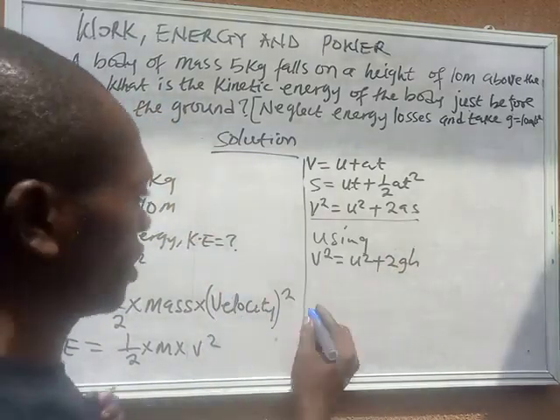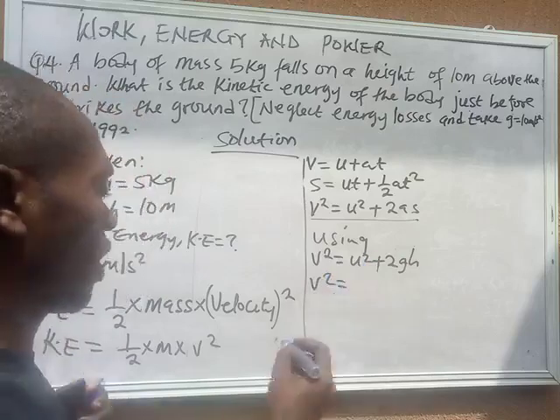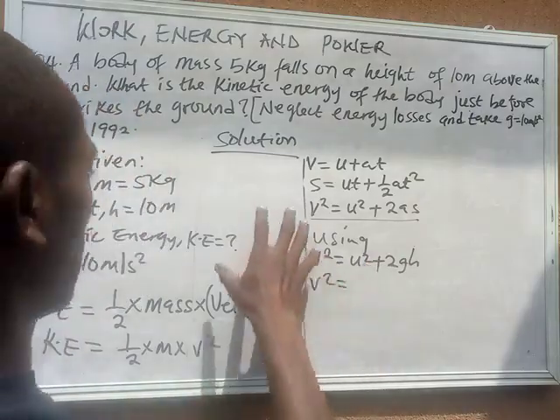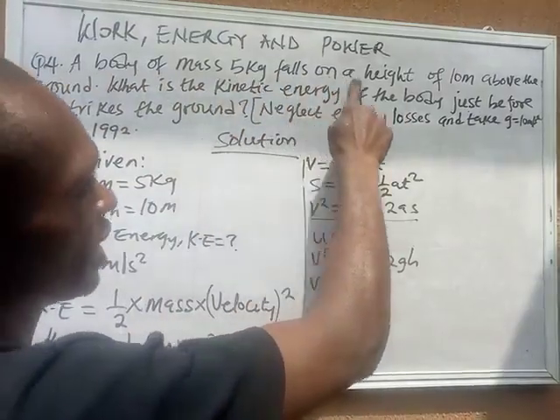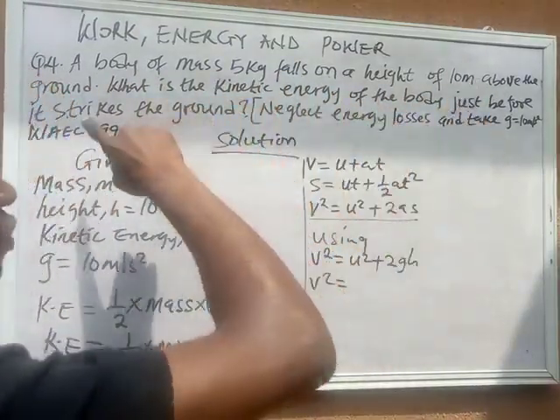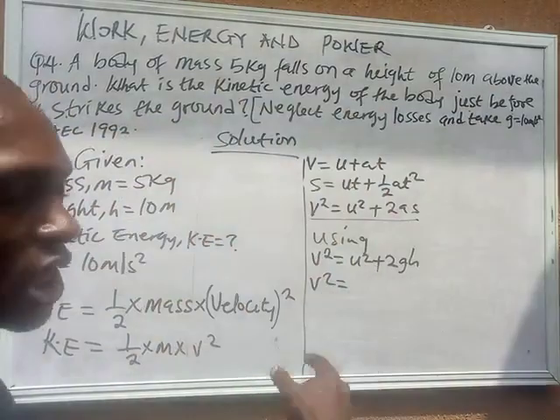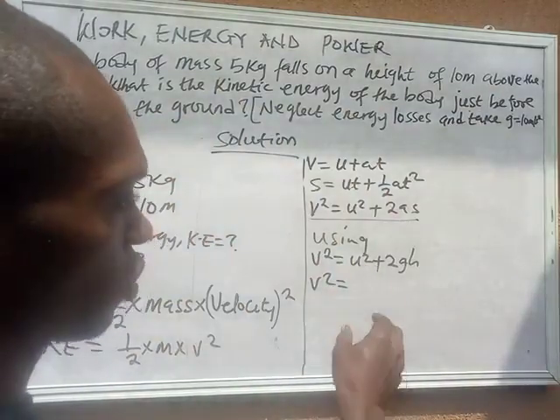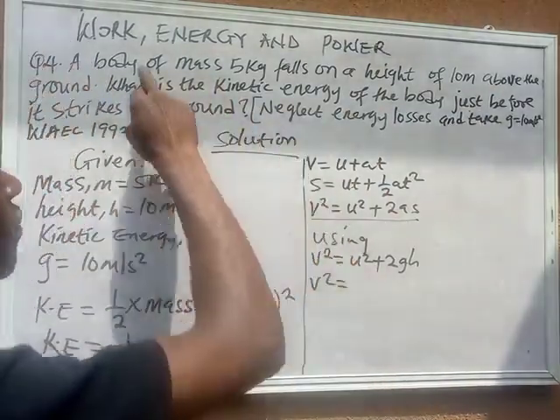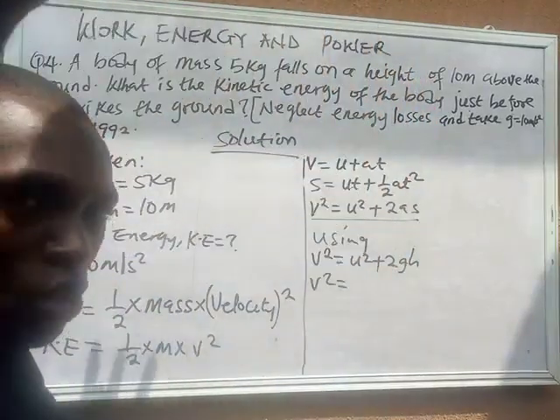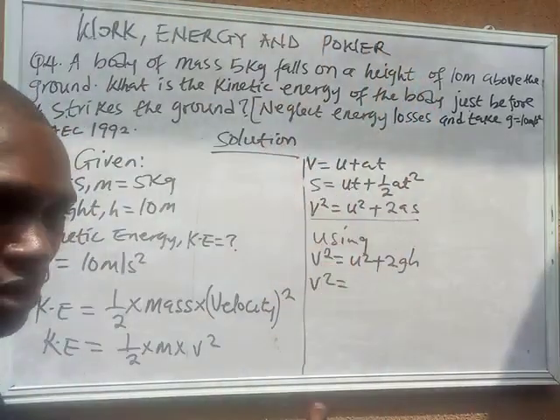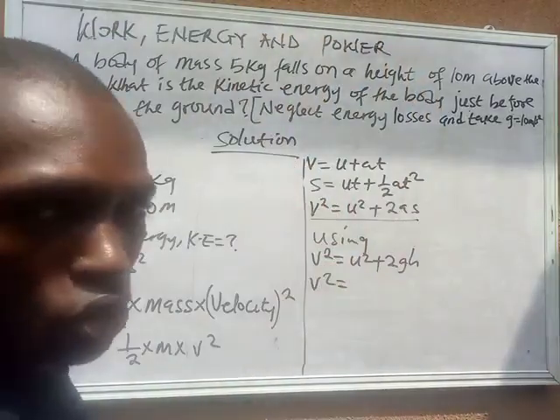So we have v squared is equal to, now if you look at this, we don't have u given here. But a body of mass 5 kg falls from a height of 10 meters, so we believe that it was at rest before it started falling. So u here is going to be 0.